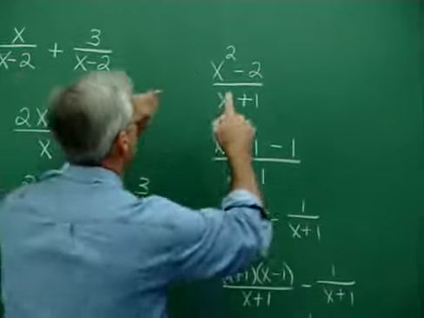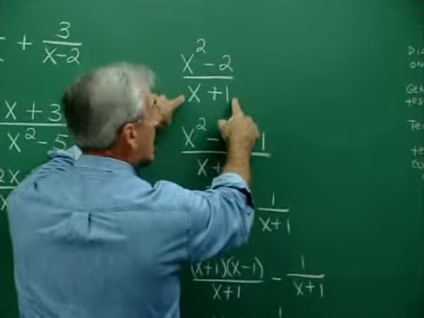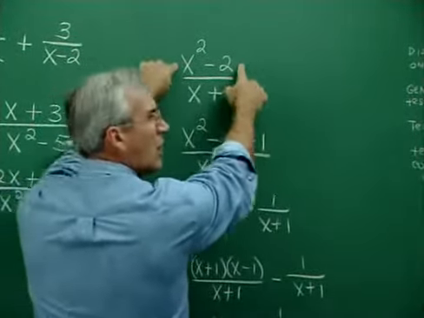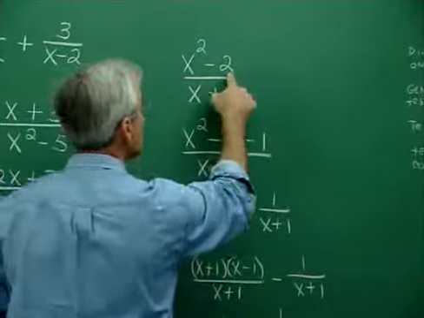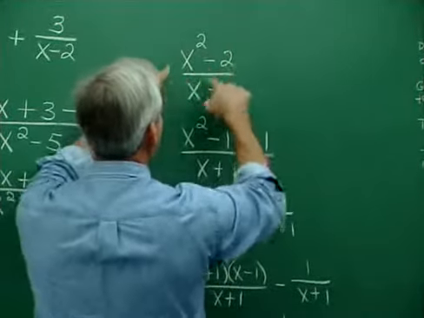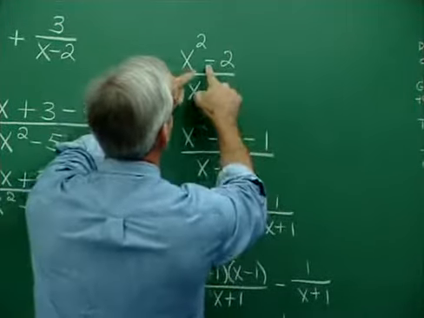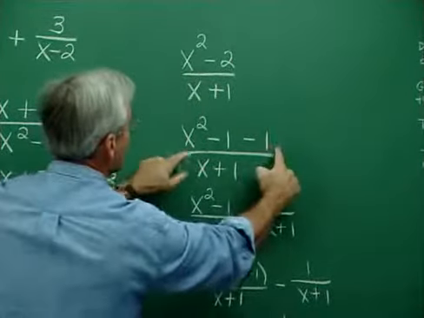Here it is. We have x squared minus 2 over x plus 1. Now we might be thinking, gee, we almost have a situation up here where we have the difference of squares, but 2 is not a square. However, we can create a situation where we have the difference of squares like this. We can think of minus 2 as minus 1 minus 1. You see, like this. Separate it like this.